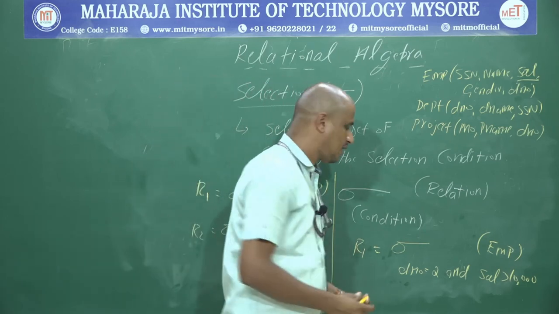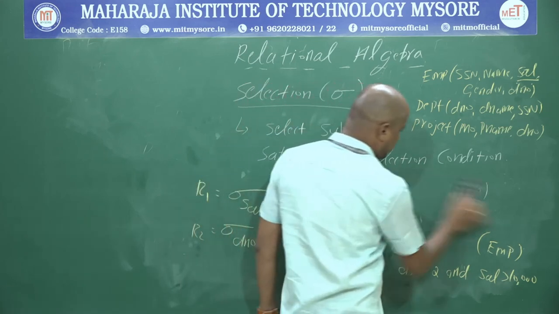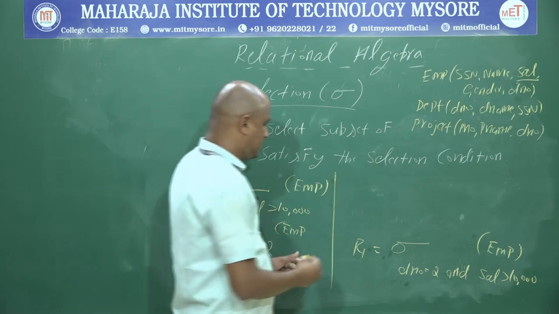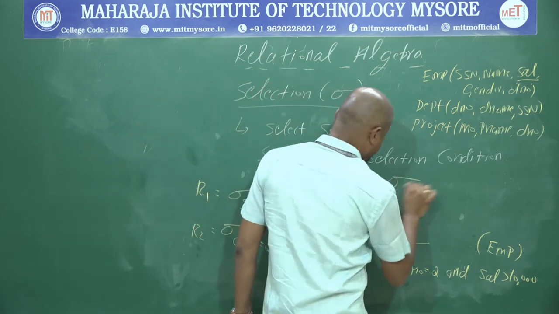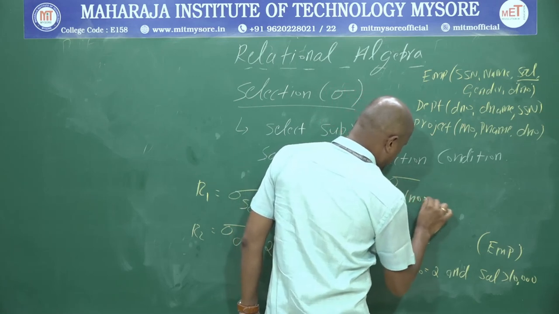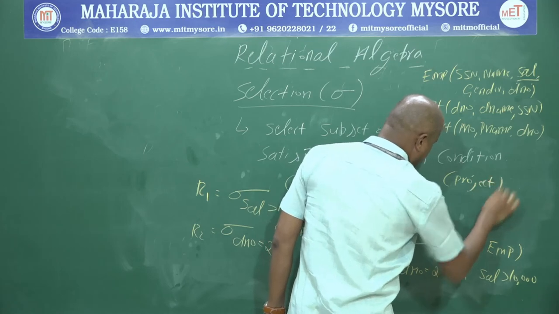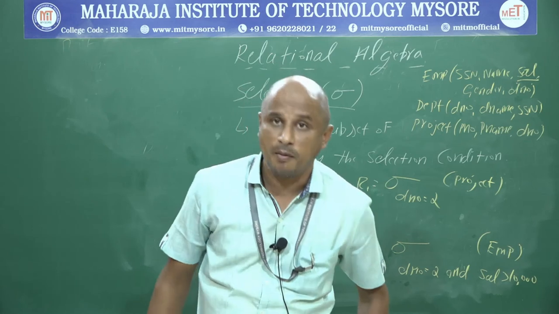I can write it in a simple way. R1 is a relation that tells department number 2 from the project table. So R1 contains the project details controlled by department number 2.